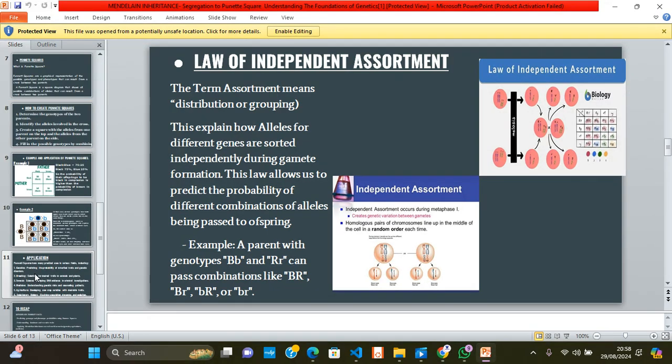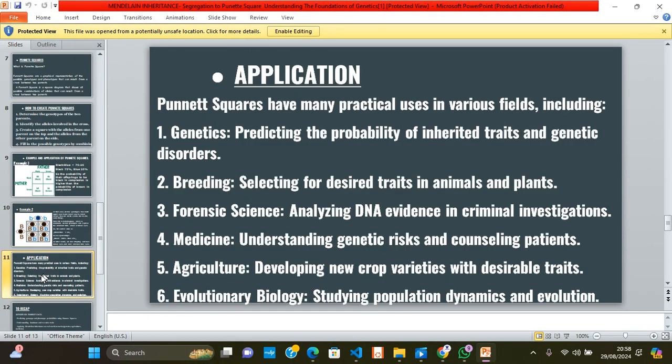If we check very well, Punnett squares have many practical uses in various fields, including genetics, breeding, forensic science, medicine, agriculture, and evolutionary biology. So we use Punnett squares in various practical ways in various fields.